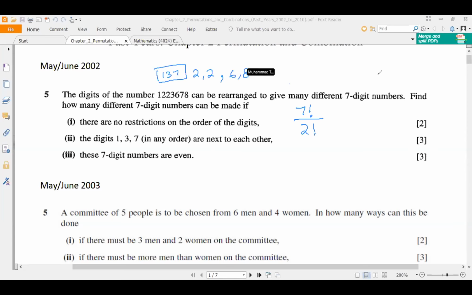So if we consider 1, 3, 7 as one number, total there will now be 5 numbers. So it will be 5 factorial. Is that the final answer, 5 factorial? Everyone must have understood how 5 factorial comes, but 5 factorial is not the final answer. We did this on the first day.